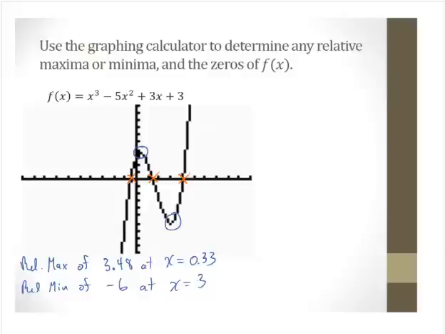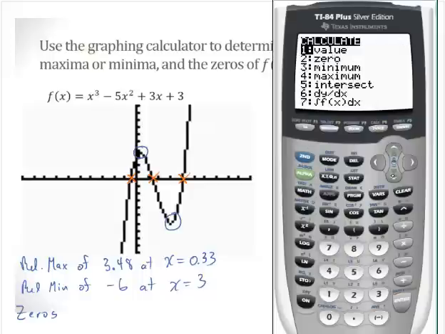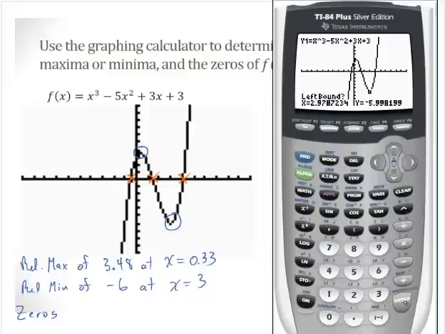Now what about the zeros? Go back to the Calc menu and you'll see the 0 command, which is the second option. The 0 command works like the minimum and maximum commands. Let me go to that first 0, which is between 0 and -1. I'm going to move left of where I think it is, hit enter.